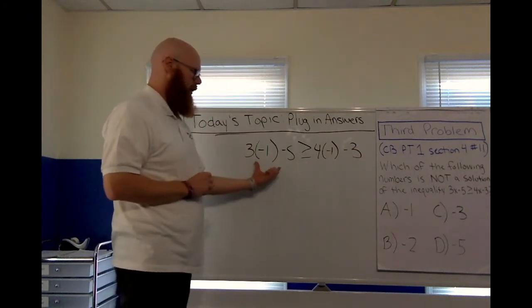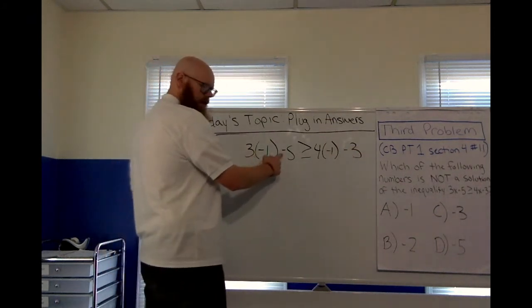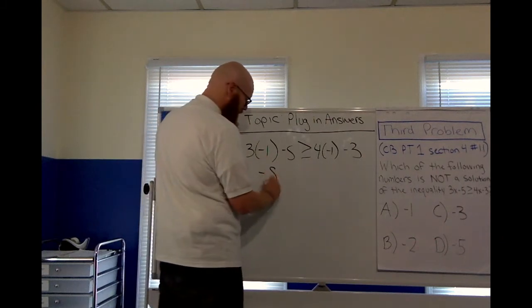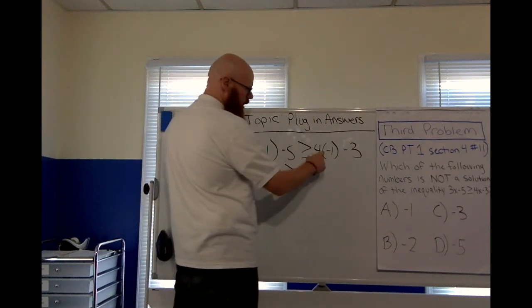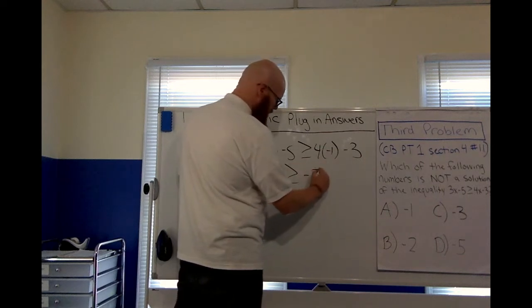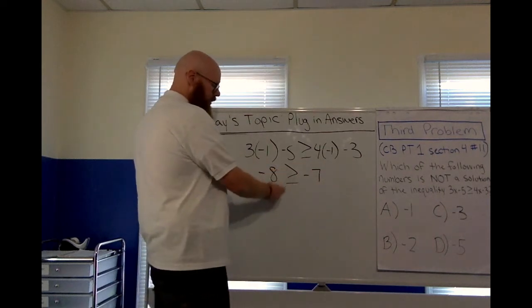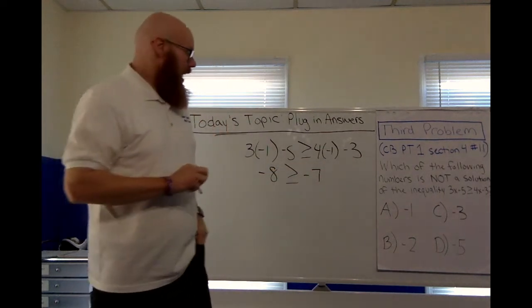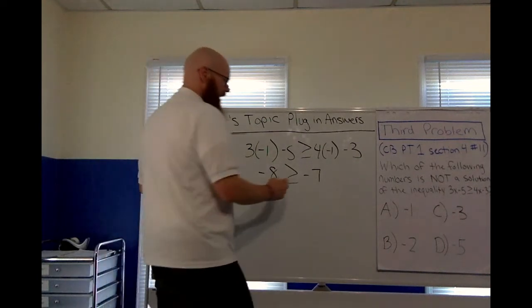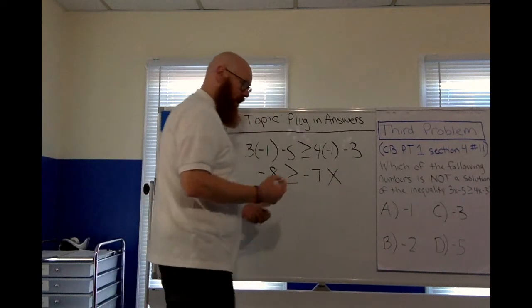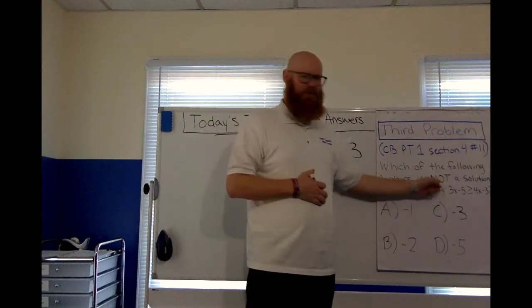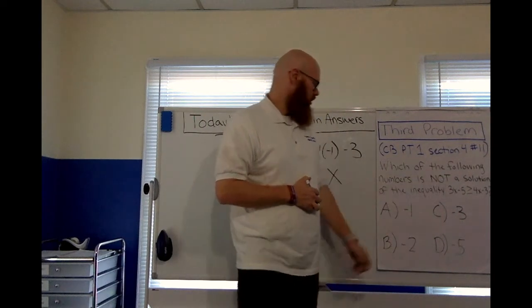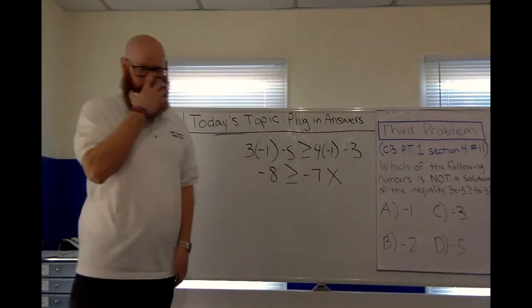We evaluate the left side, negative 3 minus 5 is negative 8, is greater than or equal to negative 4 minus 3, which is negative 7. Negative 8 is greater than or equal to negative 7? I don't think so. So that answer is wrong, which for us is great, because it said which of the numbers is not a solution. So that one must be our answer.